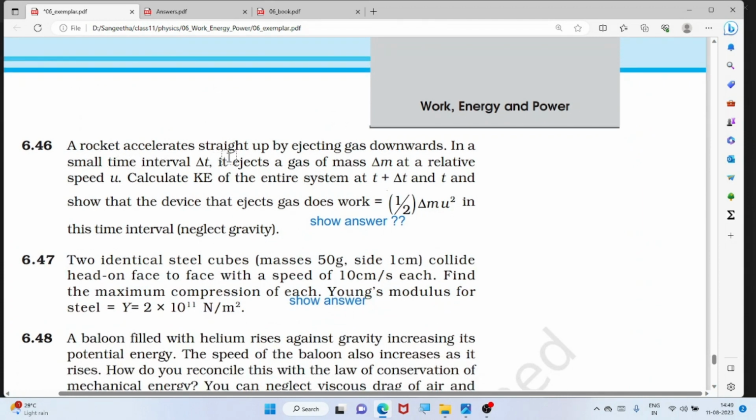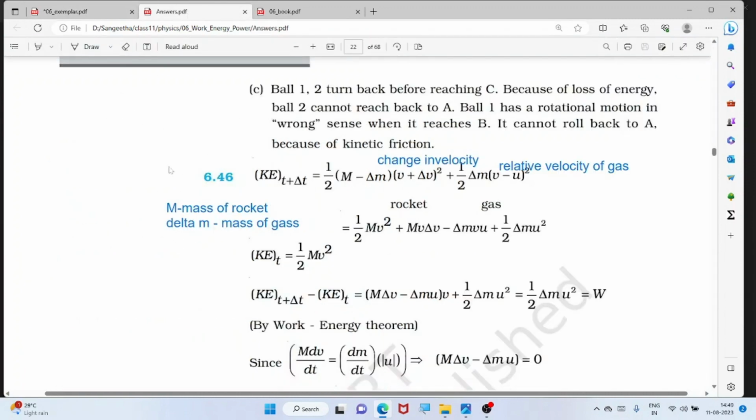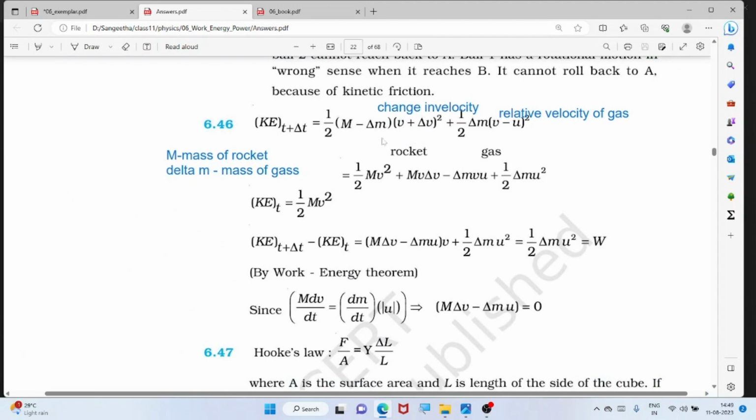A rocket accelerates straight up, ejecting gas downwards in a small time delta t. It is a gas of mass delta m with relative velocity. Question 46. Consider the change in velocity of the rocket and the relative velocity of the gas downward.